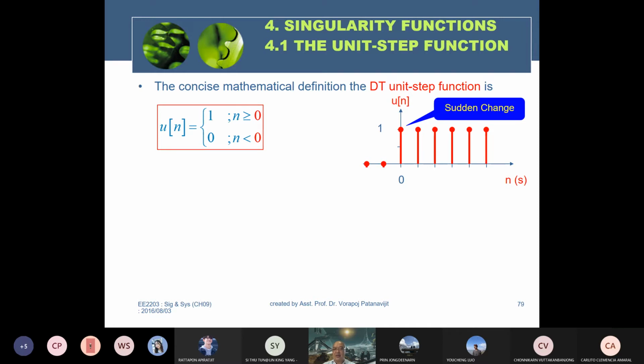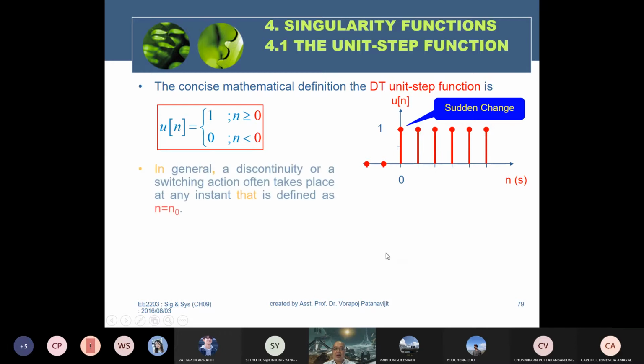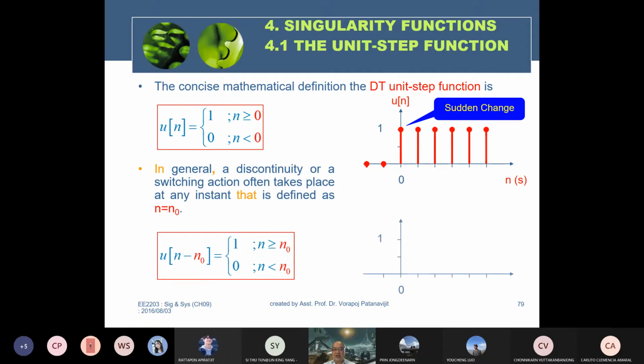The concise mathematical definition of the discrete time unit step function is defined here: un equals 1 for n greater than or equal to 0, and equals 0 for n less than 0. In general, a discontinuity or switch action often takes place at any instant defined at n equal to n naught.